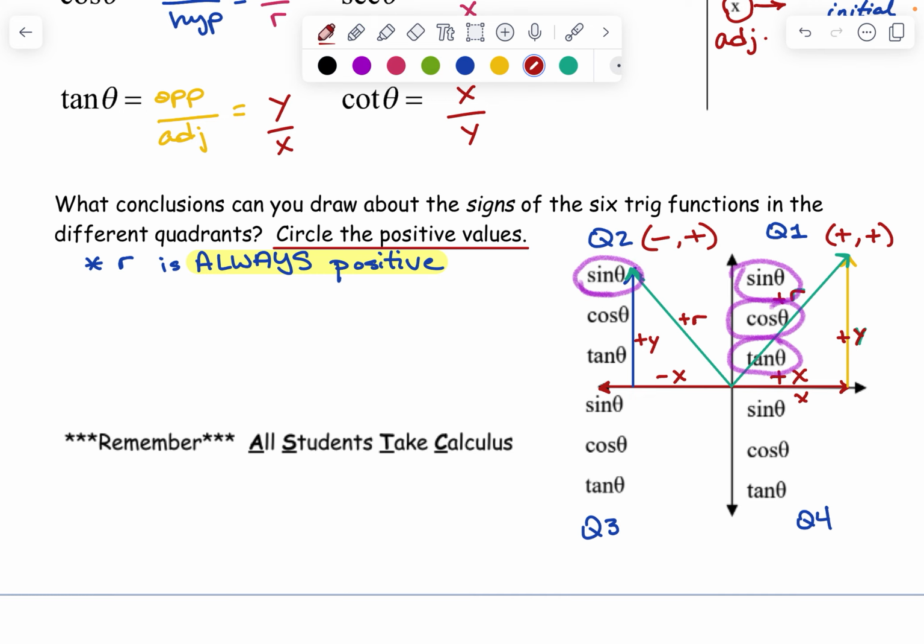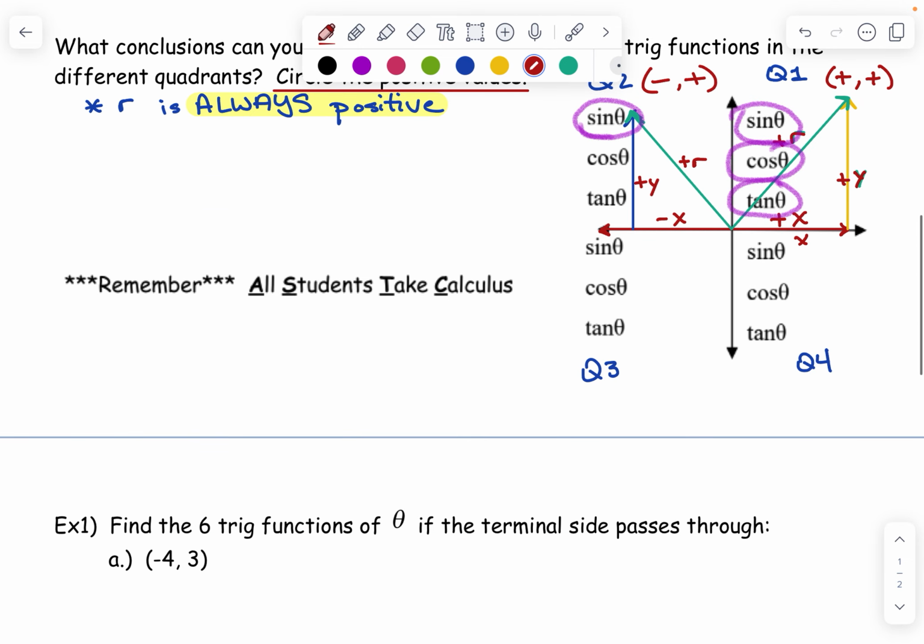Now, going to speed up a little bit here. Quadrant 3 is our negative quadrant, and quadrant 4 is our positive negative quadrant. When I'm saying this, I mean the x and the y of any point that falls into that quadrant.